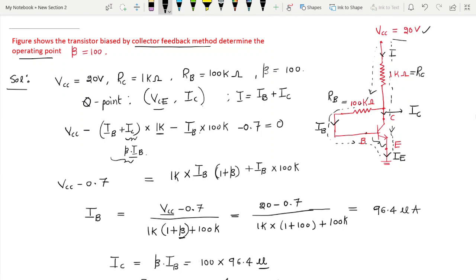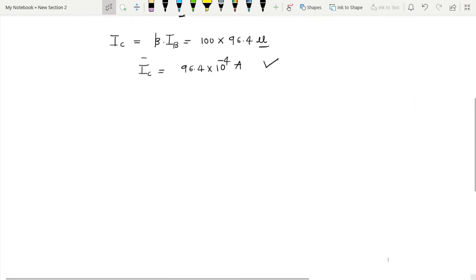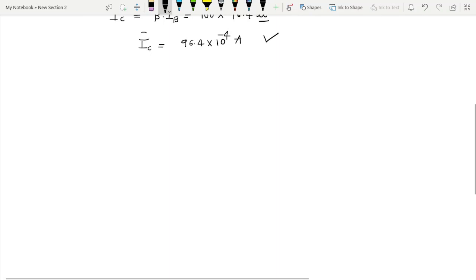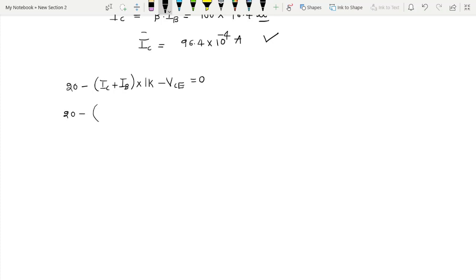Directly applying it, the loop equation is 20 minus (IC plus IB) into 1K minus VCE equals 0. Substituting all the currents: 20 minus (collector current 96.4 into 10 power minus 4, plus base current 96.4 into 10 power minus 6) into 1K, minus VCE equals 0.